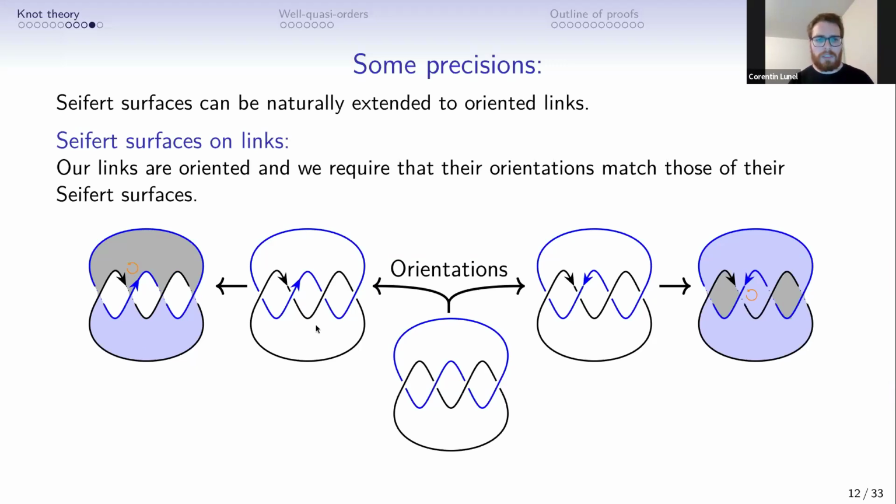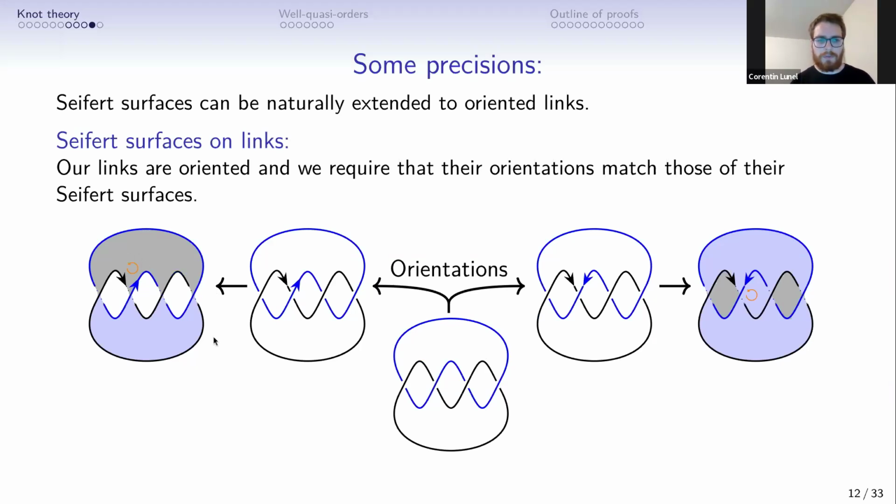It's worth mentioning because when you put different orientations on the same unoriented link, you can get different sets of Seifert surfaces. For example, here is a link with two knot components, and according to the orientation, I am showing you two minimal genus Seifert surfaces.